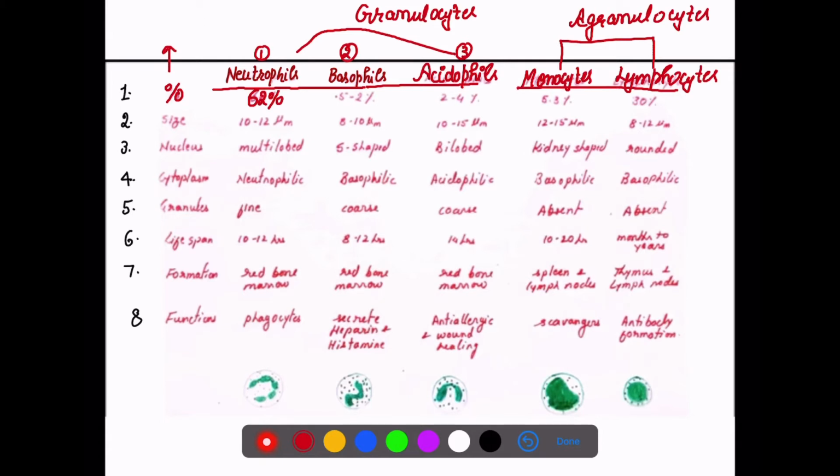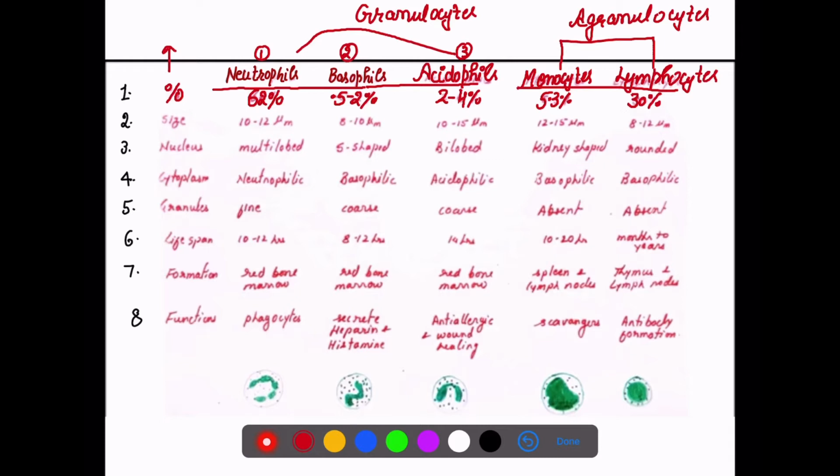62% of WBCs are neutrophils. Then 0.5 to 2% found are basophils, and 2 to 4% we have acidophils, 5.3% monocytes we have, and 30% we have lymphocytes.